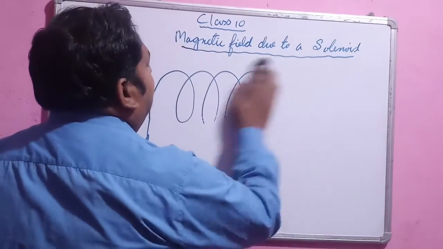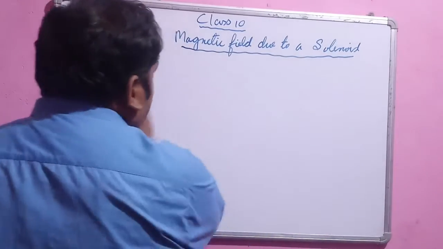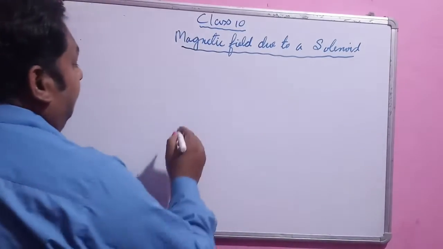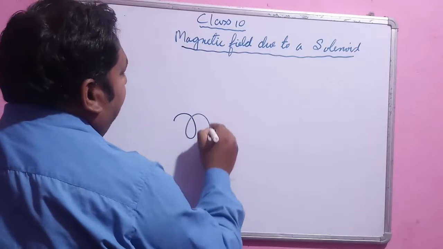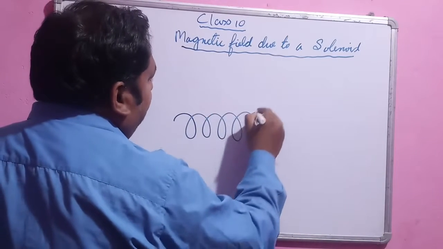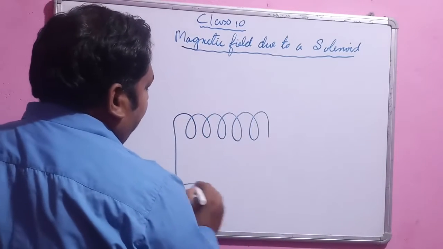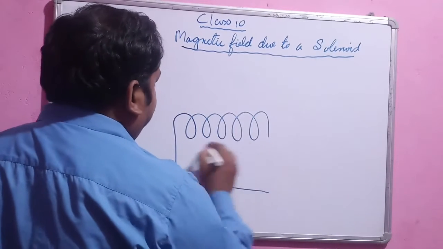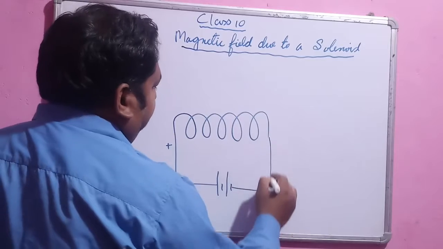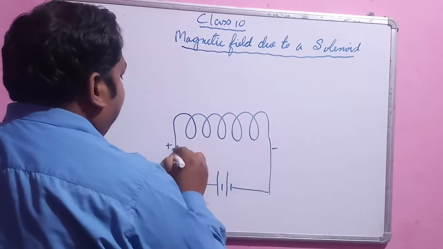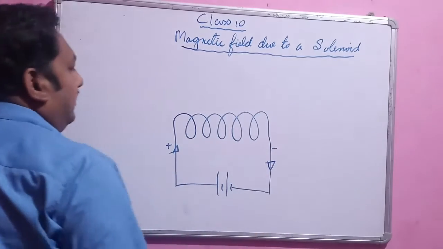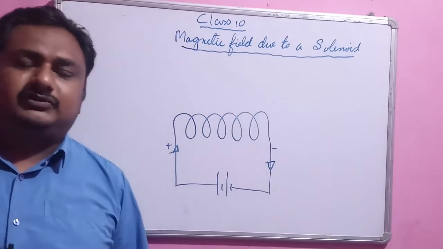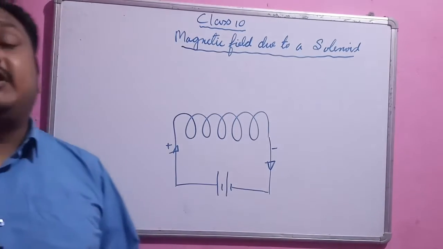Now what happens when a current is flowing through a solenoid? Suppose this is the solenoid and this is the circuit. Here the current is entering from this end and leaving from that end. Whenever current flows through a solenoid, it behaves as a magnet.